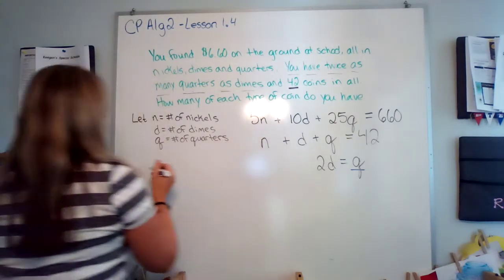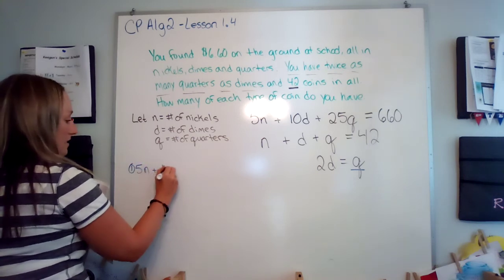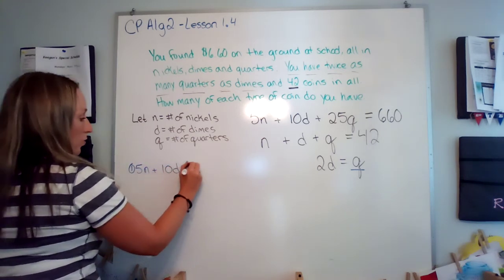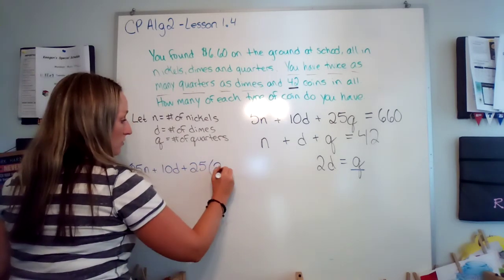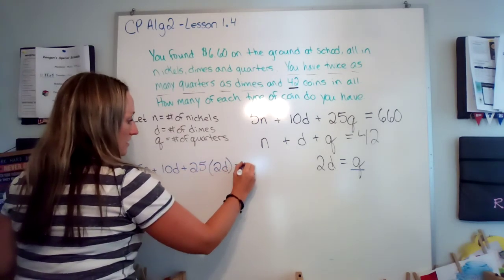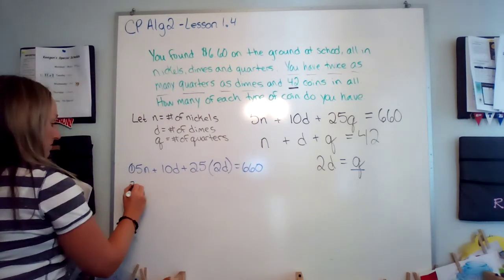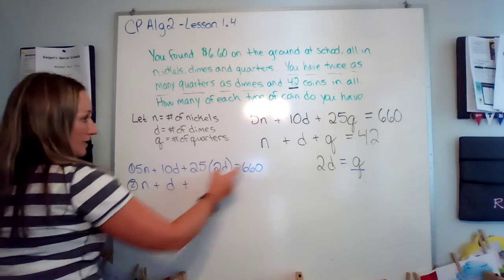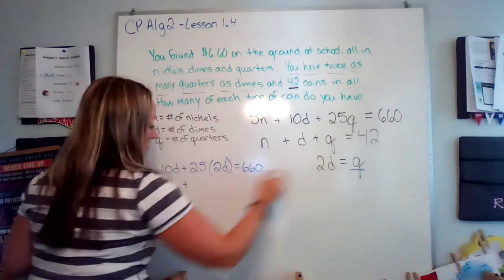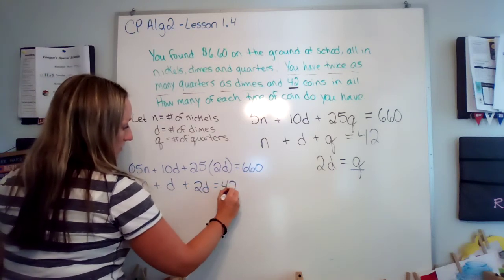So I'm going to take the first equation, and I'm going to write 5n plus 10d plus 25, but instead of q, I'm going to substitute in 2d, because that's what q is equal to, equals 660. And then the second equation, n plus d plus, and instead of q, since q is equal to 2d, I'm going to replace it with 2d, is equal to 42.